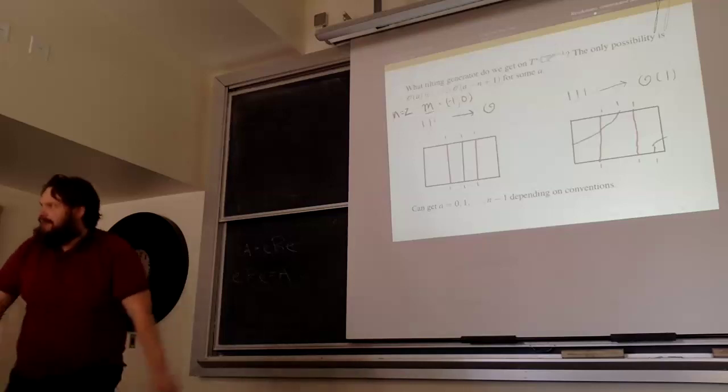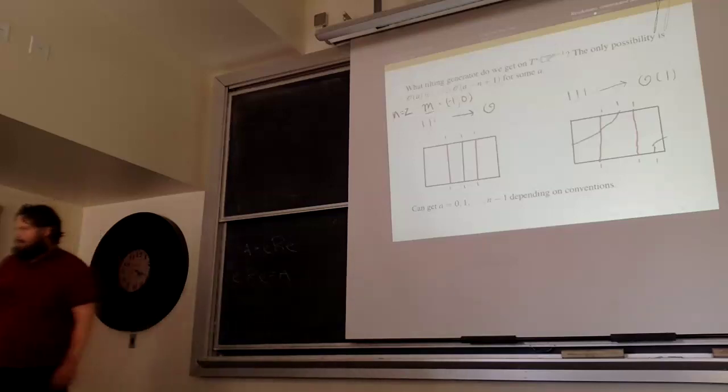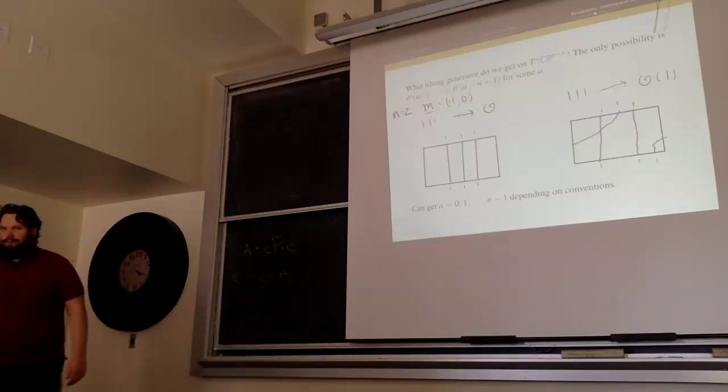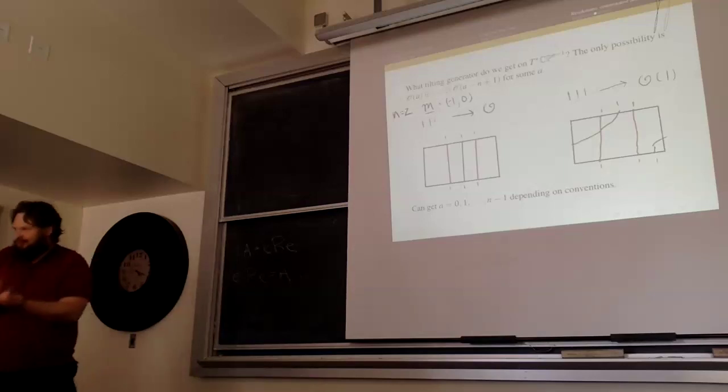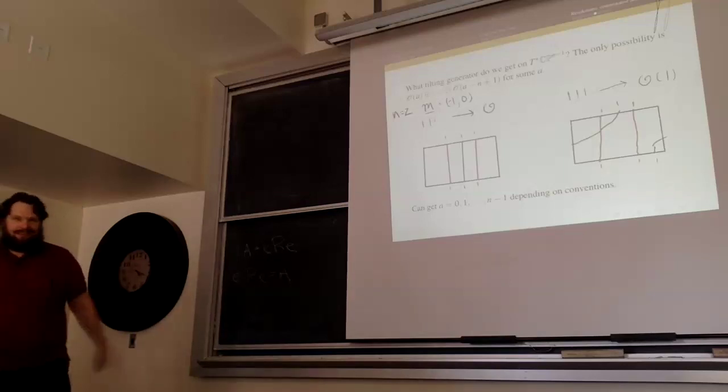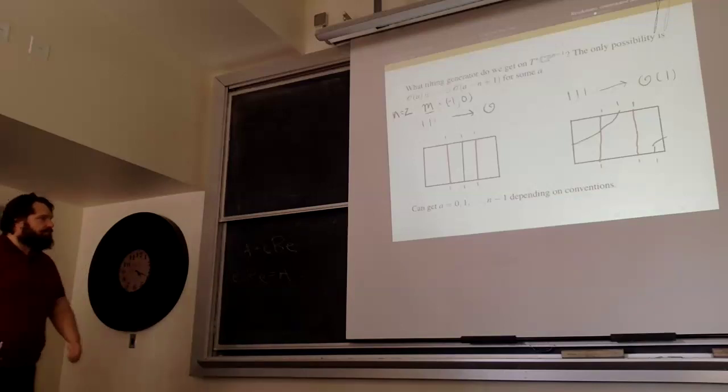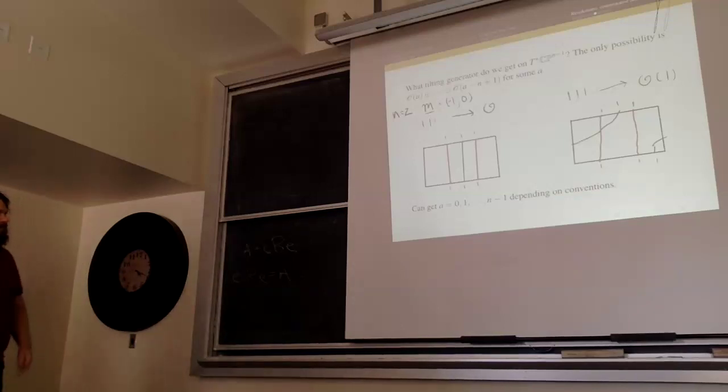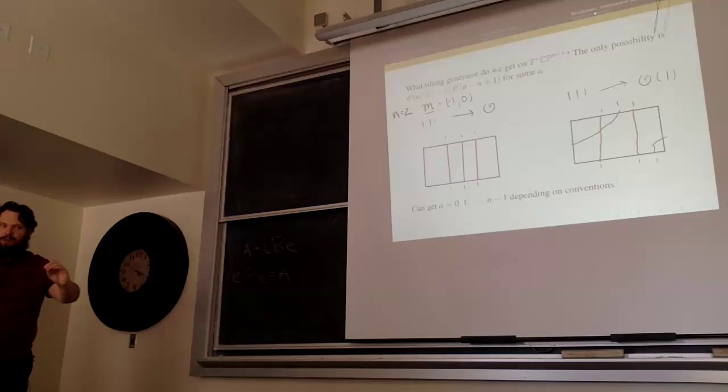But I can't tell the difference between O of 1 and O of minus 1 just from those, because O of minus 1 also has 2 sections in lowest degree that come from the 2. So I have to start looking at tensoring with higher things and saying, well, what happens when I tensor with O of 1? If I had 2 sections in lowest degree, then I tensor with O of 1, and I get 1 section in lowest degree, that tells me I must have been O of minus 1.